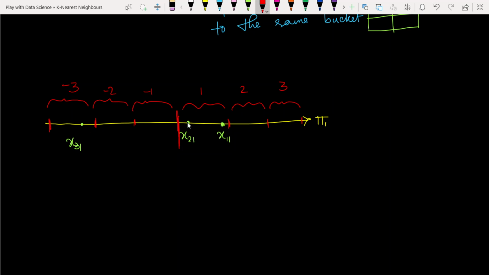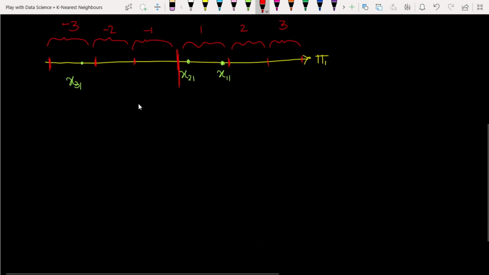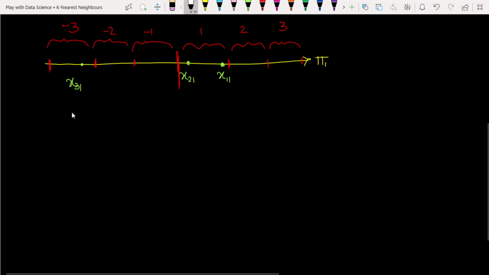So now the question is how to calculate the hash value for this region. This is the main trick. Let's see. Suppose we are considering h11. How do we calculate the hash value of h11? It will be calculated simply like this.